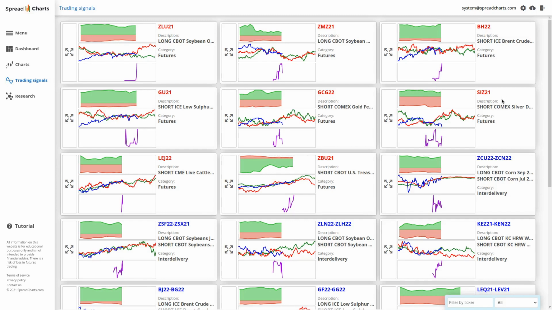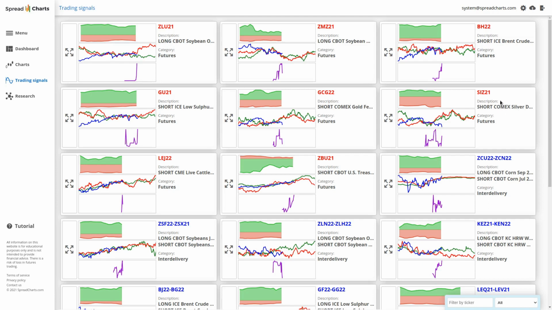Below the ticker, there is a full description of the contract, which means the full name of the commodity, but also the expiration month and year, the specification of the actual futures contract.